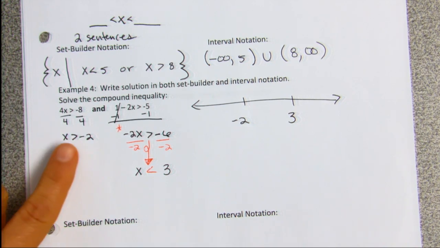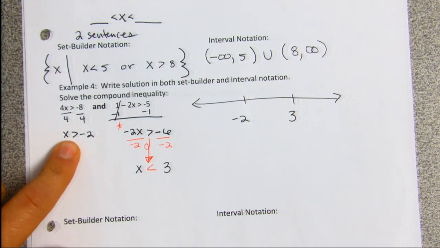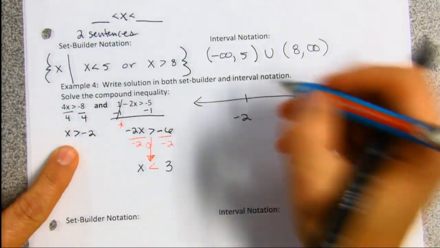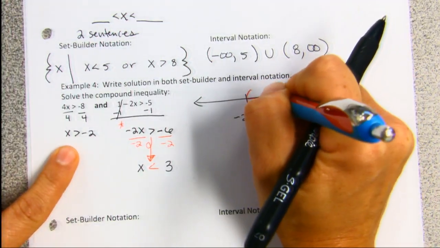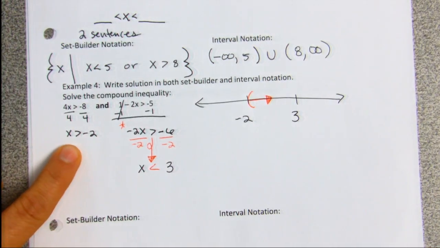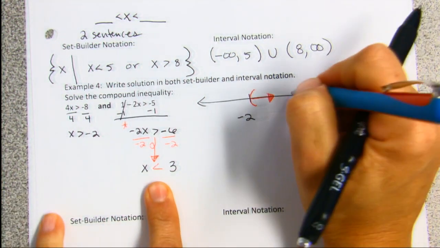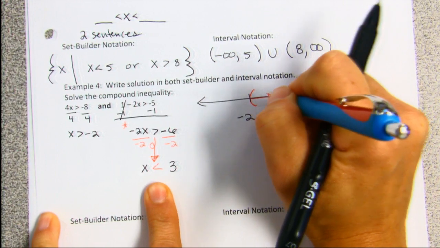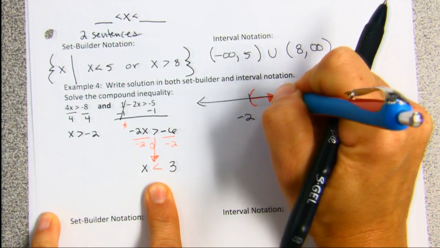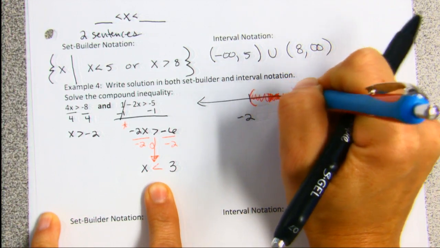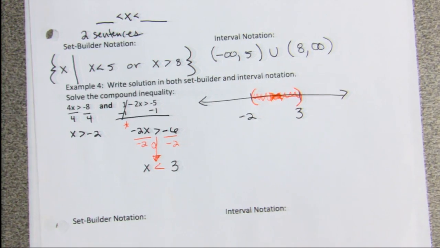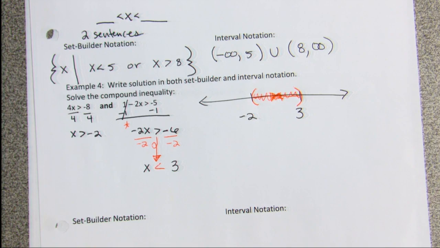If x is greater than -2, it's pointing to the right, going towards 3. I'm not going to go past it because x is less than 3. So they stop each other, and anything in between -2 and 3, all those numbers, they share.